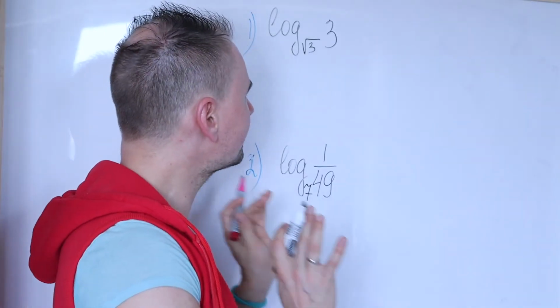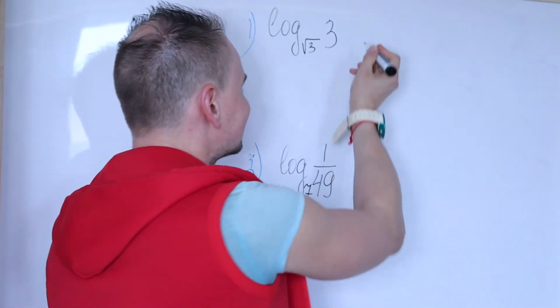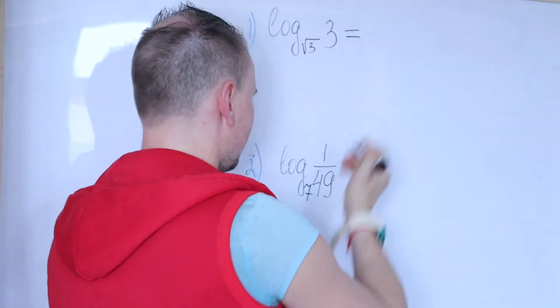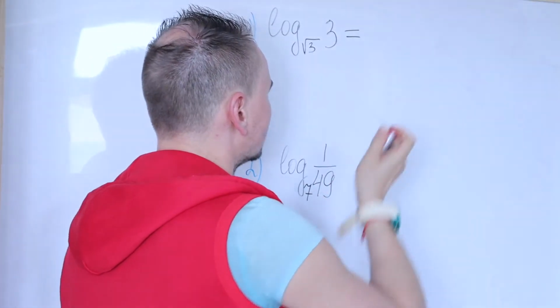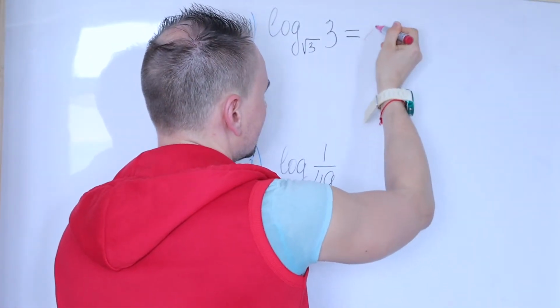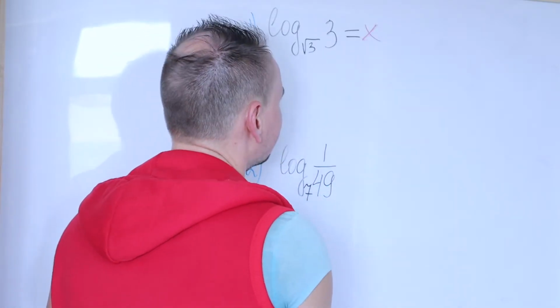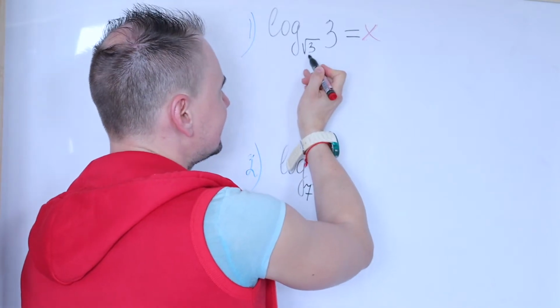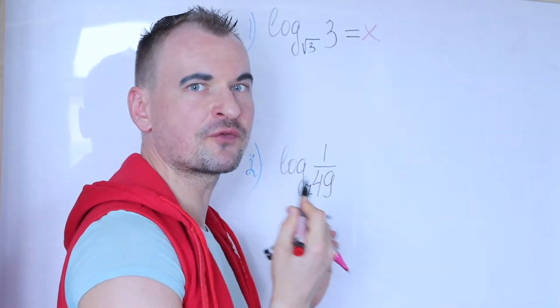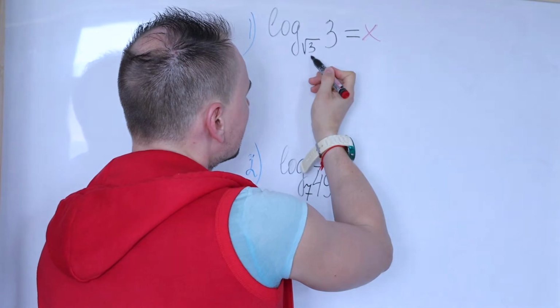So, first of all, set it equal to x, the variable, since we don't know what it is. Now, we always start with this little base, which is root of 3 in this problem.